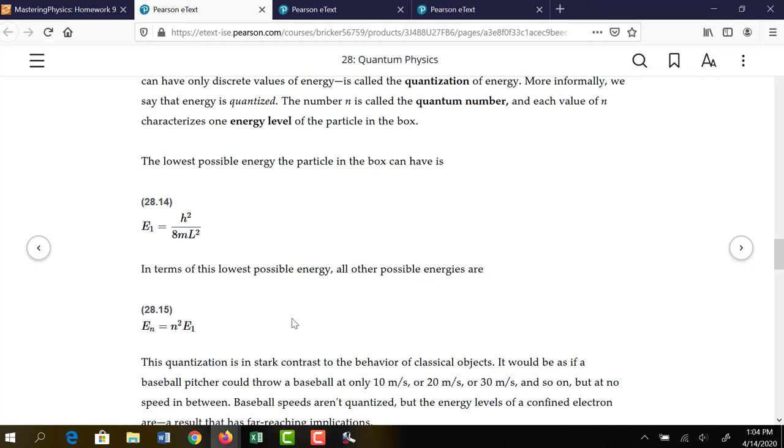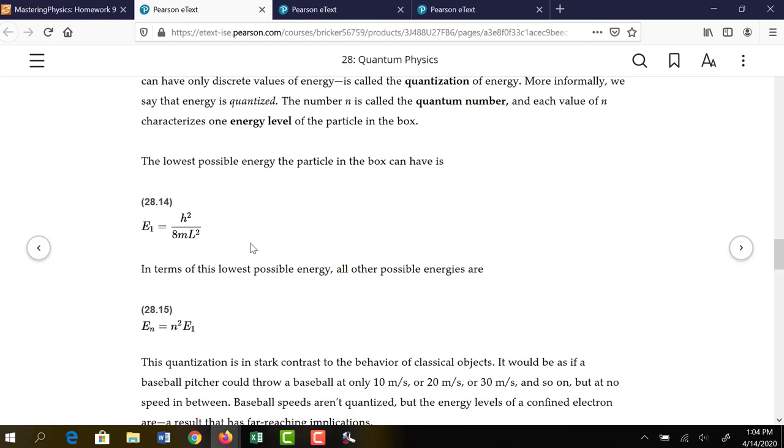Okay, so the difference between the quantum mechanical world, which we're talking about these days, and the everyday world. In the quantum mechanical world, you can only have certain allowed energies. These are just discrete amounts of energy. So an analogy would be, if I'm going into the tech building, I climb up the steps.